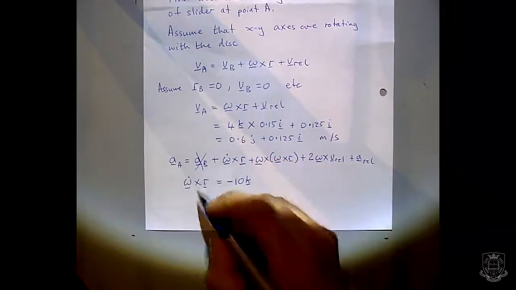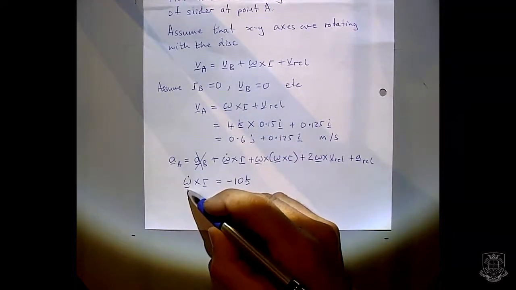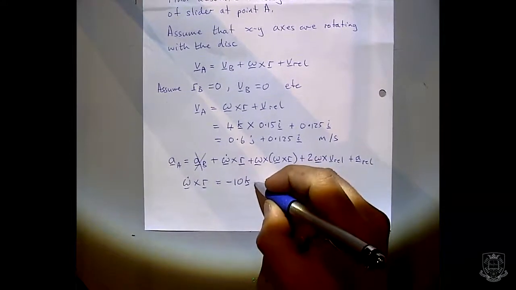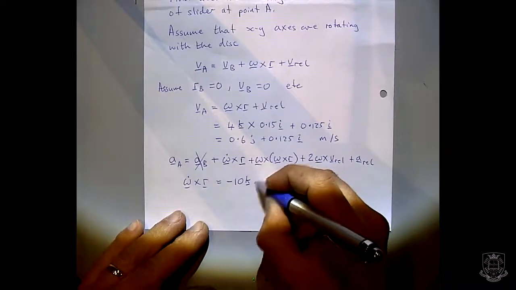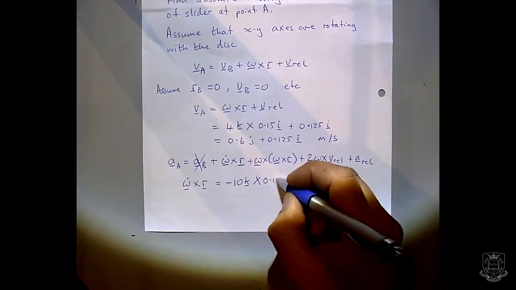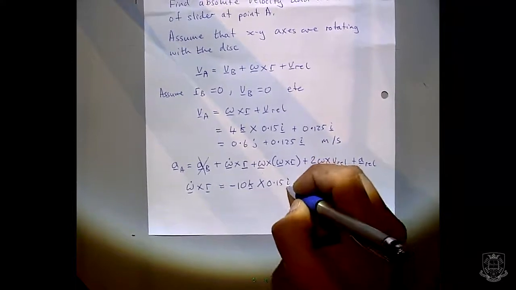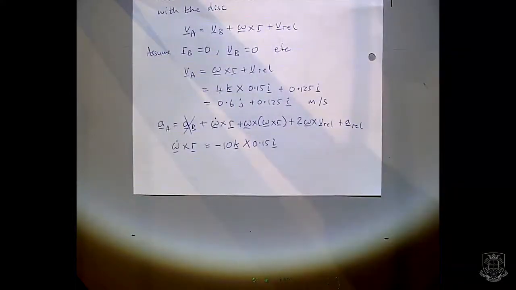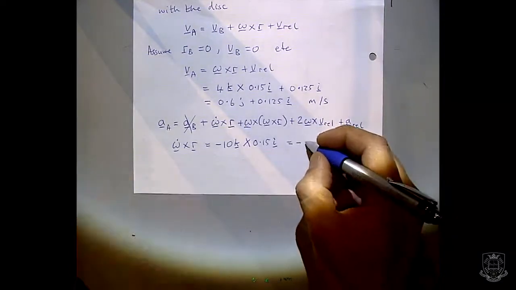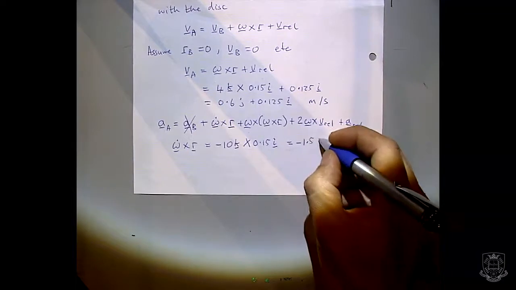That gives the vector omega dot, minus 10k, which we cross with r. r is relatively easy, 0.15 times the I vector. Multiplying that out, we get minus 1.5 times j.